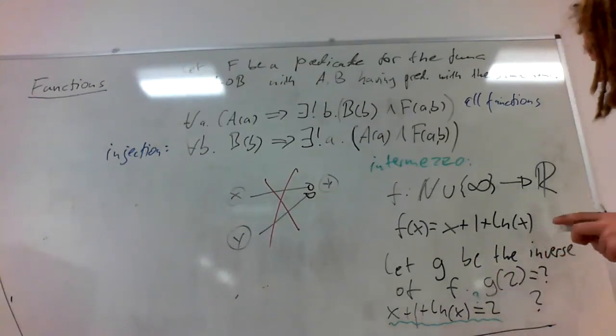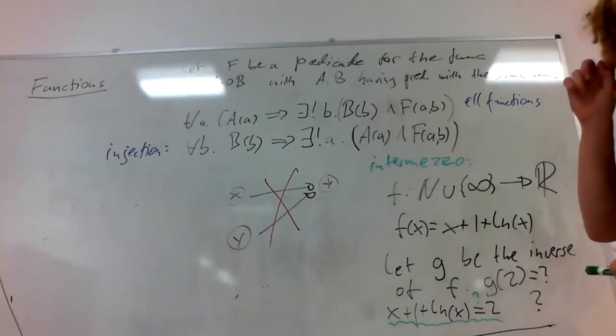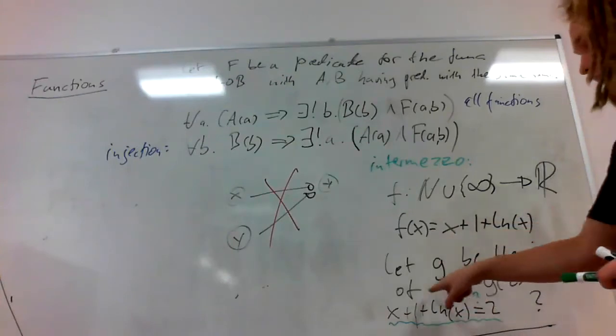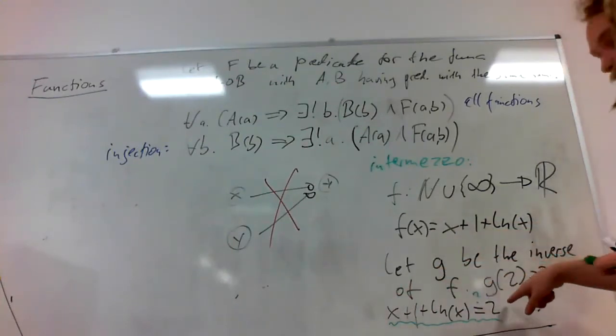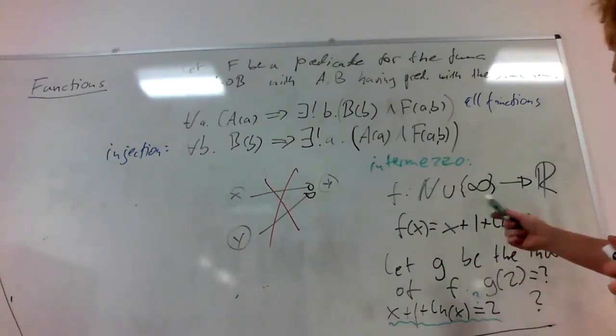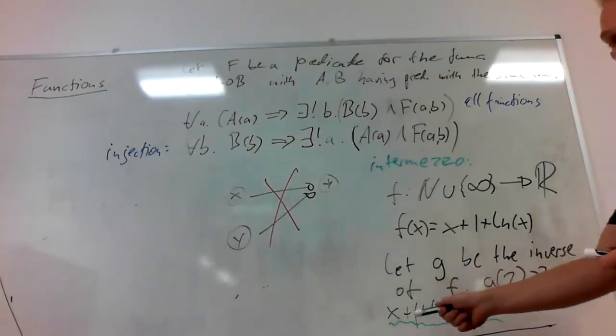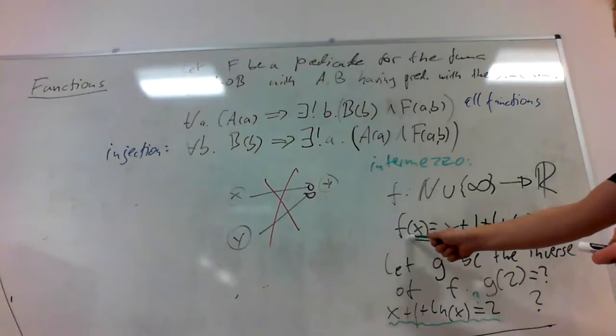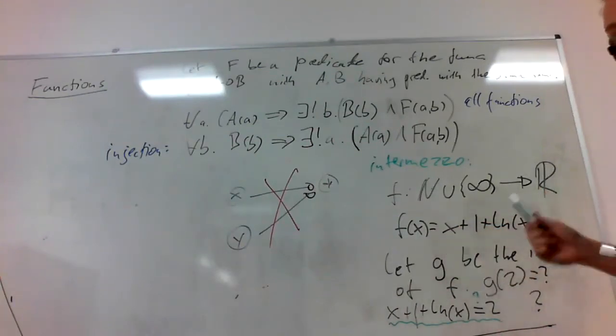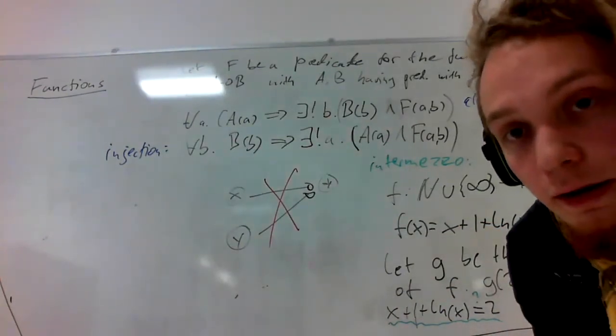Because these are the values that we map into the real numbers, and now you gotta transform this until you actually know the value of x, and then you know which value mapped into the 2 of the real numbers.